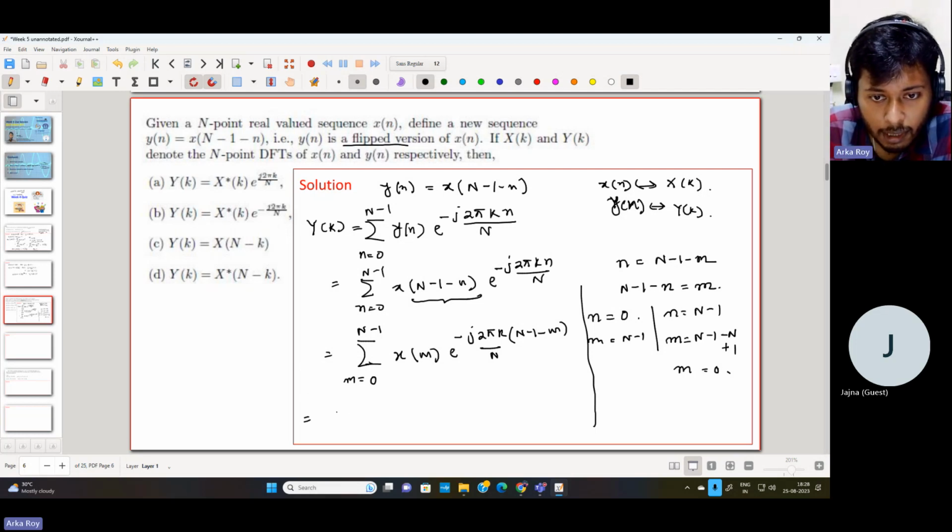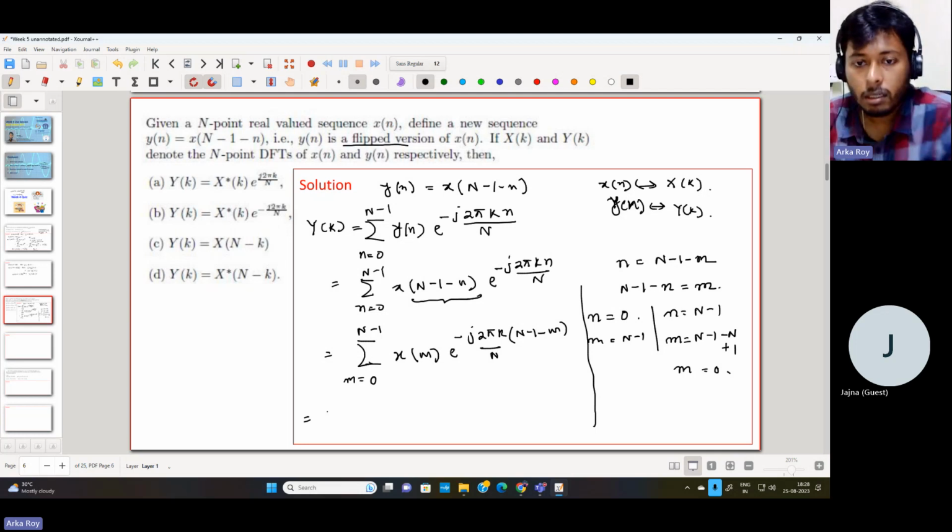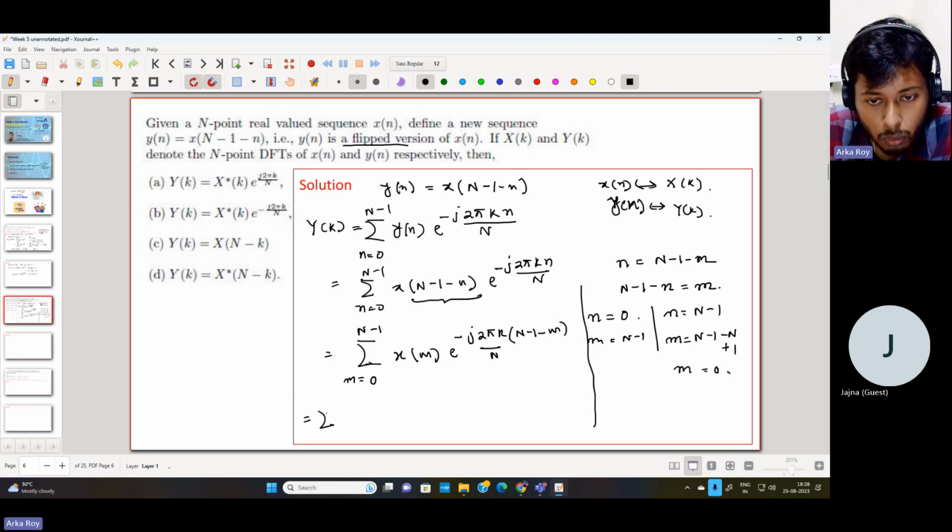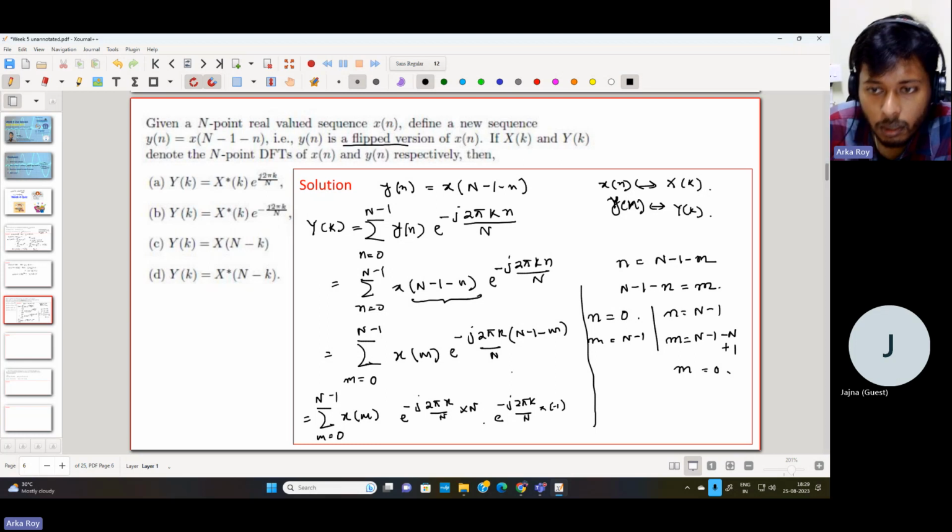So therefore, I can even further break it down to individual components. So m from 0 to N minus 1, and then x of m. And then I can write it as e to the power minus j 2 pi k m by N into the first component. Second component, I can write it as e to the power minus j 2 pi k N minus 1 by N. And let me just erase this part.